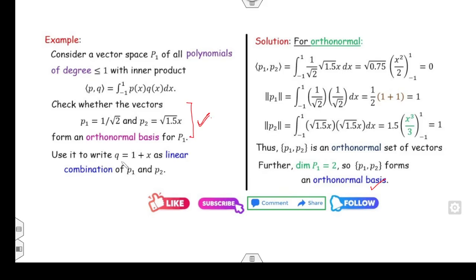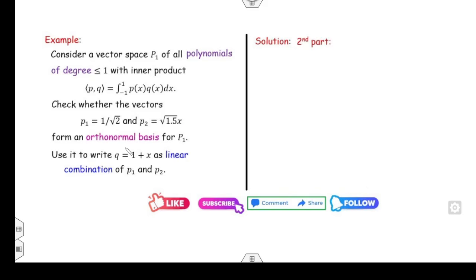Now the second part is you can write the q, 1 plus x, as a linear combination of P1 and P2.